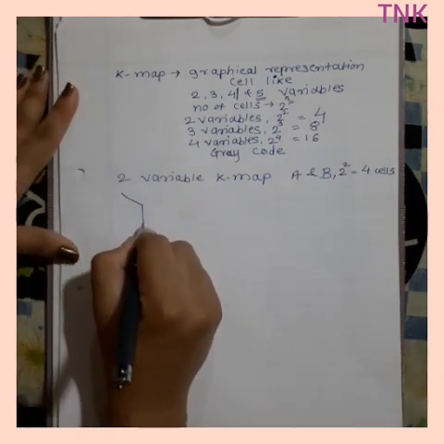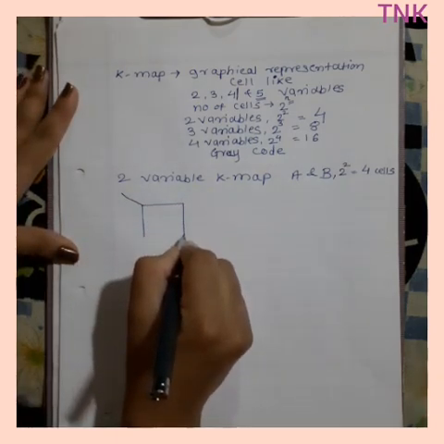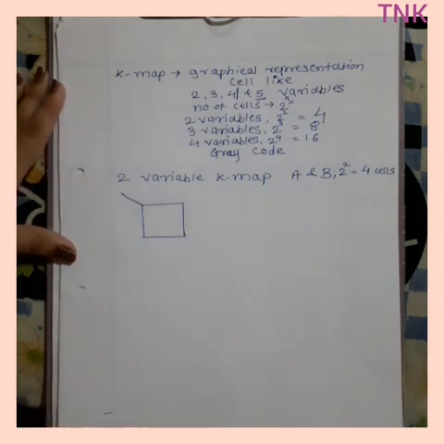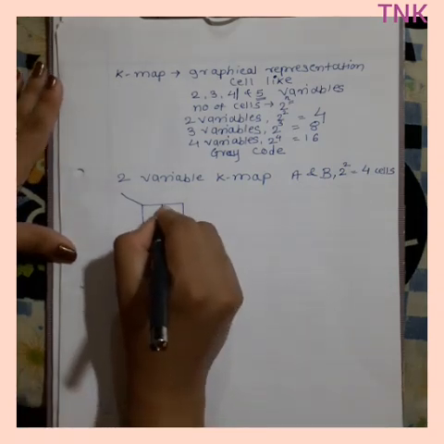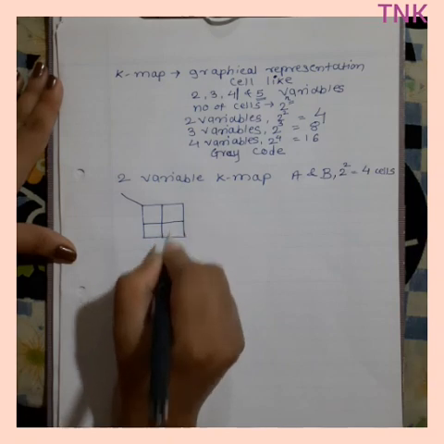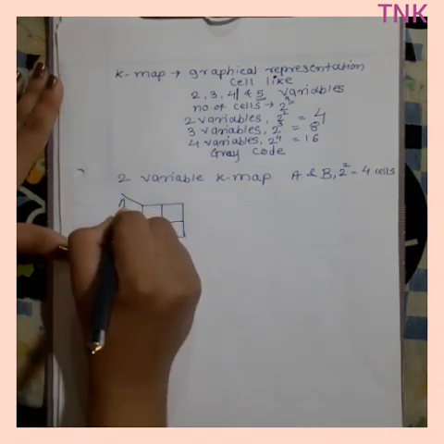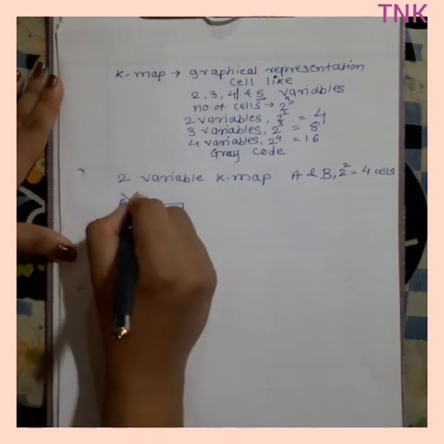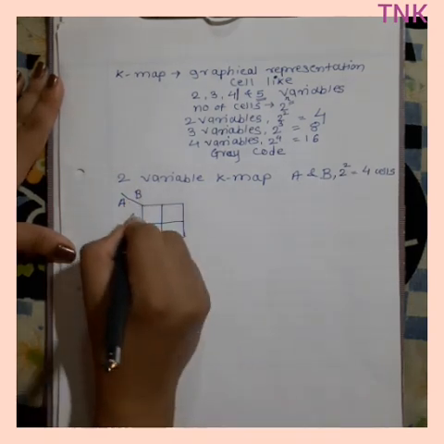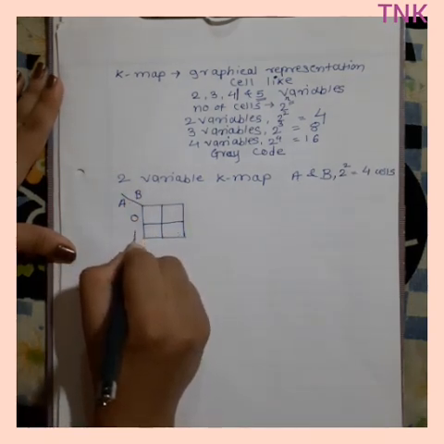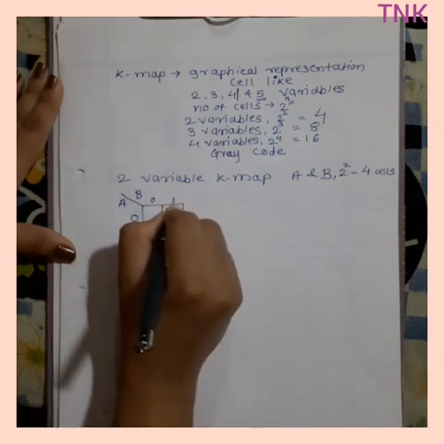So this is how we can draw a 2 variable K-map. As we have 4 cells, 1, 2, 3, 4, this is A, this is B. Possible values are 0, 1, 0, 1.